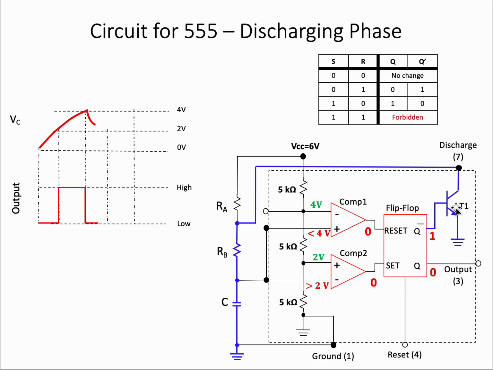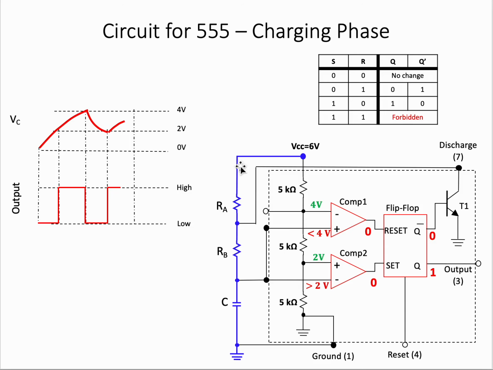When the capacitor voltage reaches 1/3 of the VCC, comparator 2 triggers and turns to 1, and since it's the set position, the output goes to 1 and Q prime goes to 0, which turns off the transistor, cutting this path to stop the capacitor discharging, and it starts charging again.